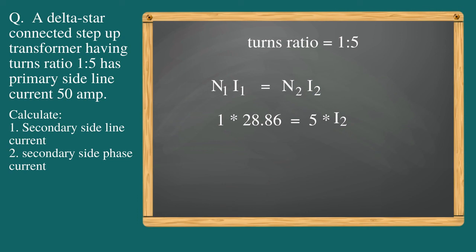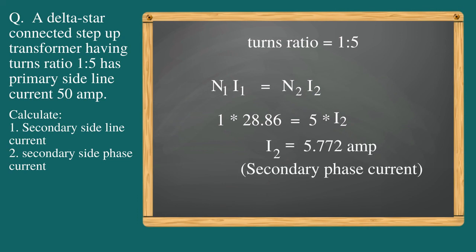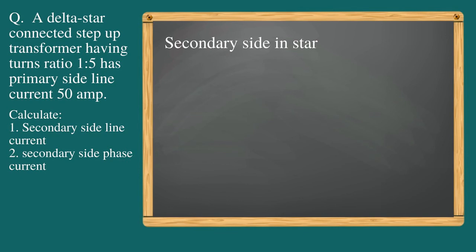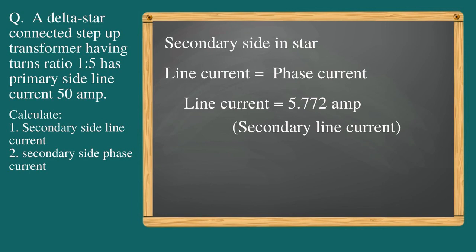So from this equation we will get secondary current's phase value. So secondary phase current will be equal to 5.772 amperes, and we know that secondary side is connected in star, and as I discussed earlier, in star connection line current is equal to phase current. So the line current will also be equal to 5.772.